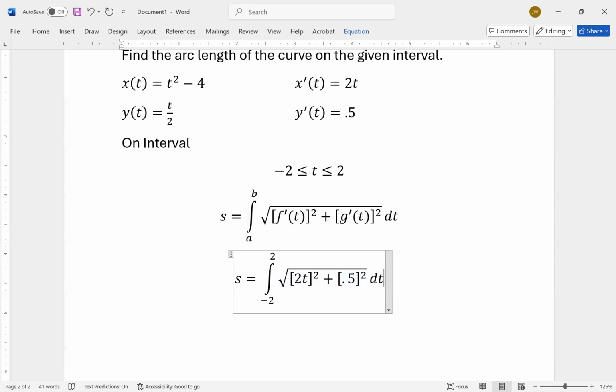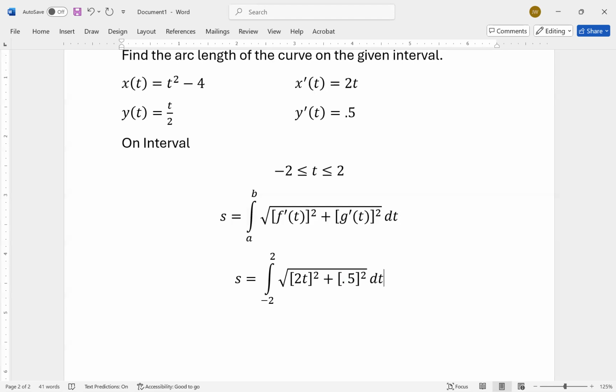So we get the integration of the square root of 2t squared plus 0.5 squared, integrated from -2 to 2 with respect to t. Plug that into your calculator, or if you want, you could do it by hand. Doing it by hand is doable.